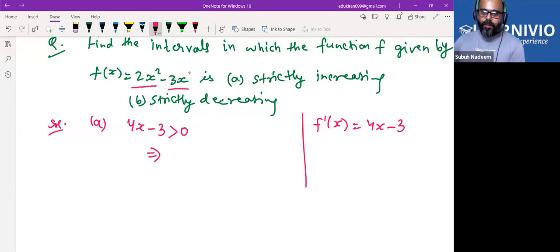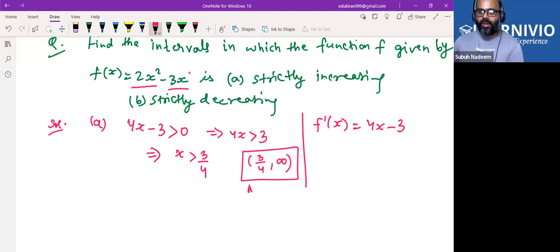So what it means for x? x is greater than 3 by 4, no? 4x will be greater than 3, and so x will be greater than 3 by 4, which means it is 3 by 4 to infinity.